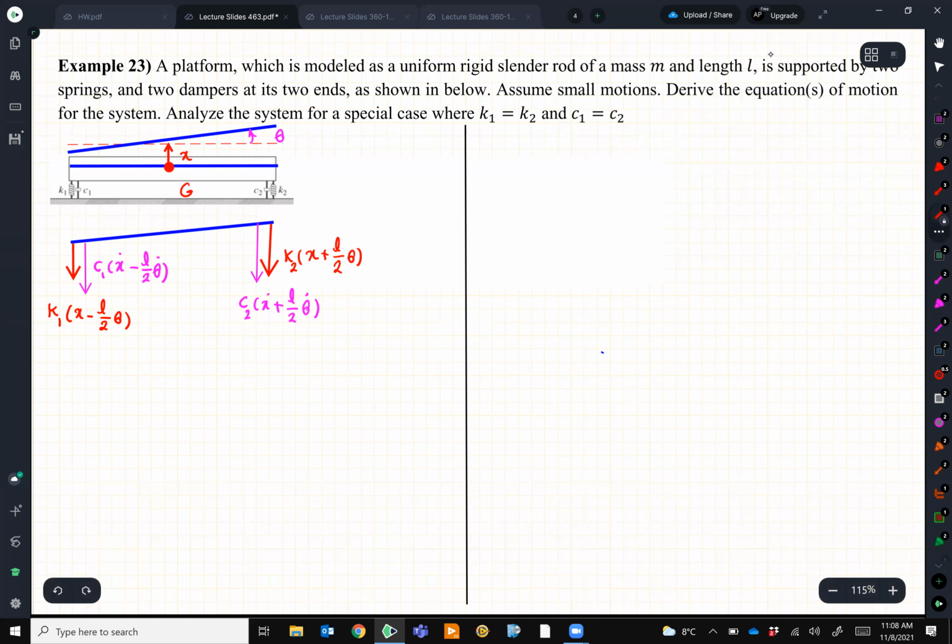This is my free body diagram, and if I get this one right, the rest just comes along with no problem. So that's the center of gravity for these things, and this was the horizontal line that we set as a reference. Okay, so again, for this sort of problem, you need to check the free body diagram.